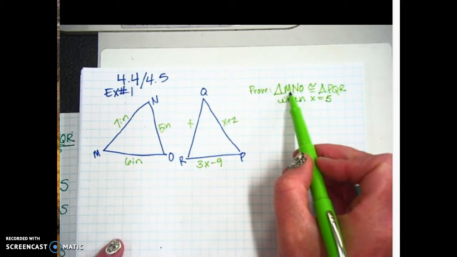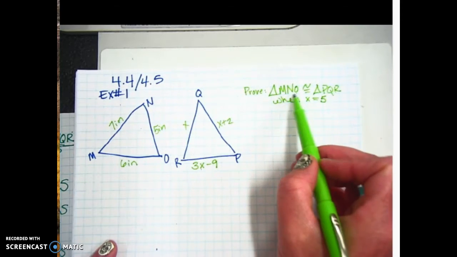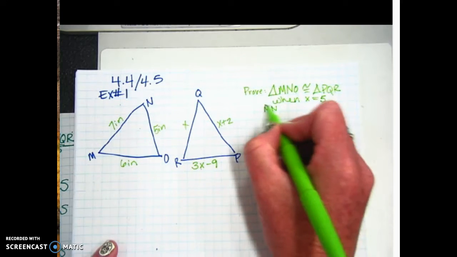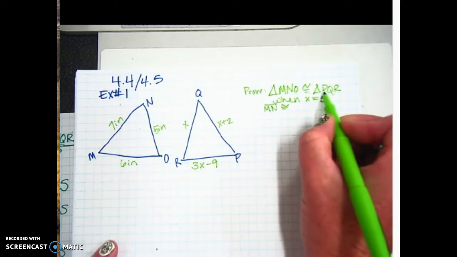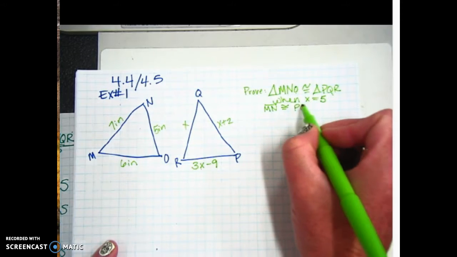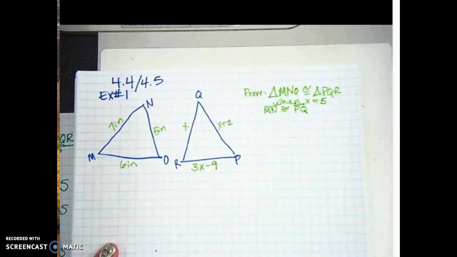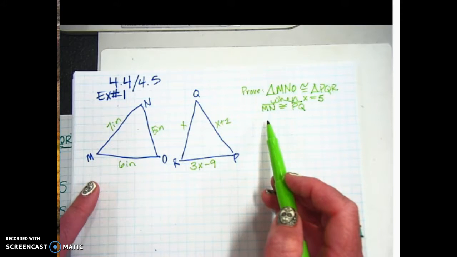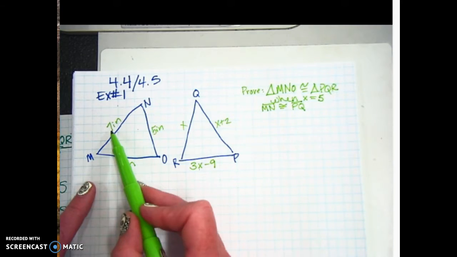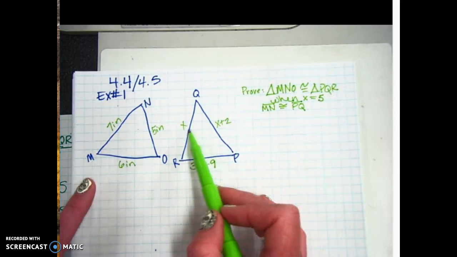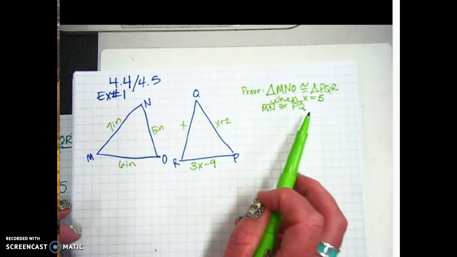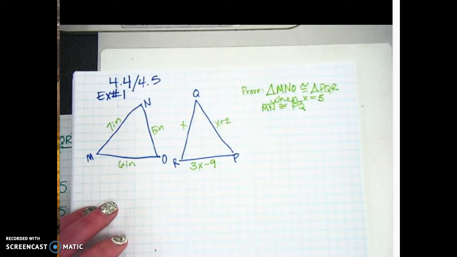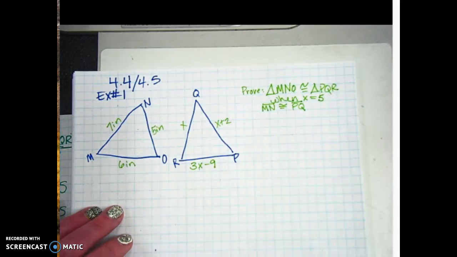We're going to start with the first 2 letters. MN should be congruent to the first 2 here, which are PQ. We're going to take the measurements of those sides, whether it be numbers or algebra, and see if they're equal. If they are, then it's going to work out. If they aren't, then they're not going to be congruent.